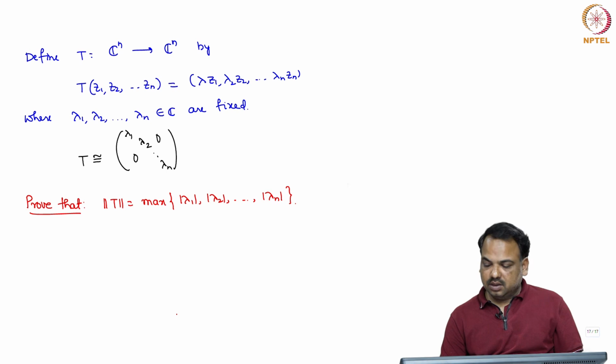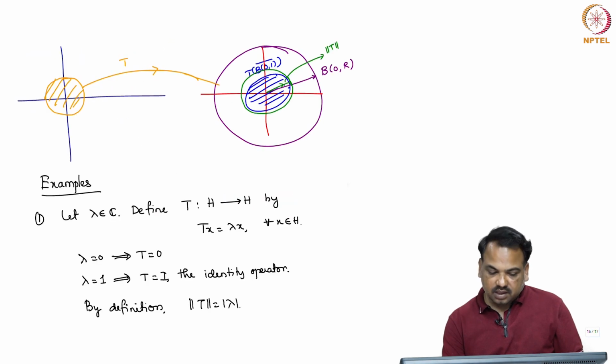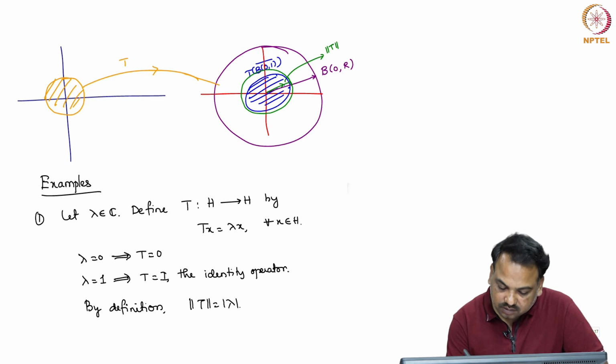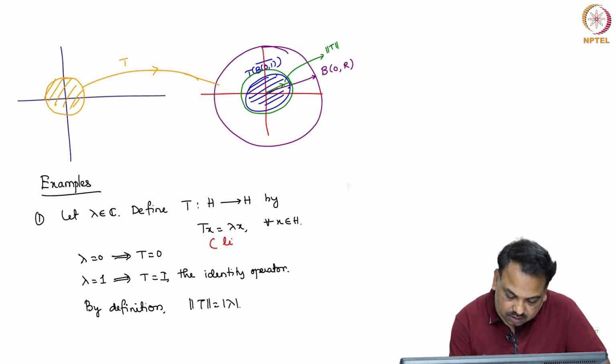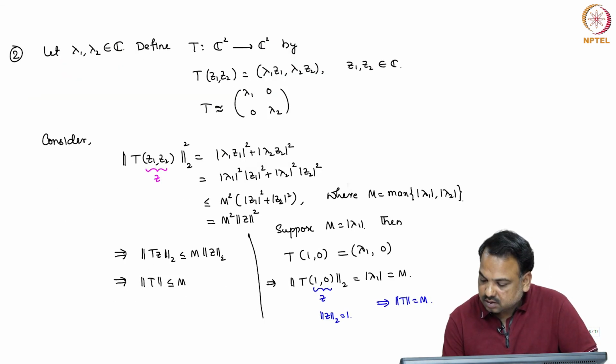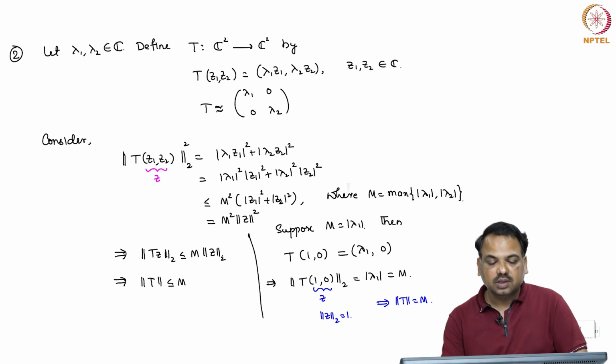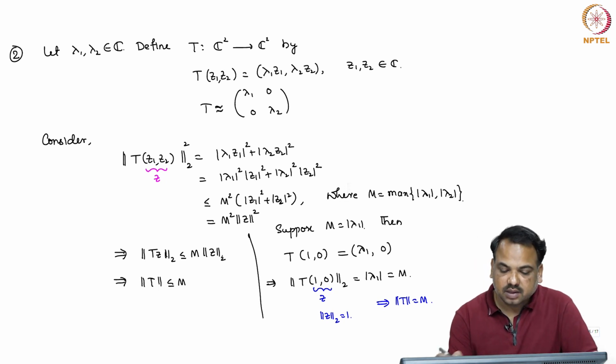Okay. So given a diagonal matrix with the diagonal entries lambda 1, lambda 2, so on lambda n, you are able to get a linear map. So we can actually check that whatever maps we have defined earlier are linear. Linearity is easy to check, and in the second case also it is easy to check that T is linear.